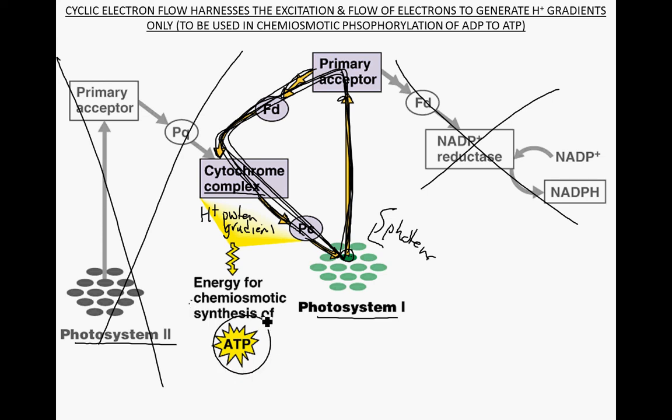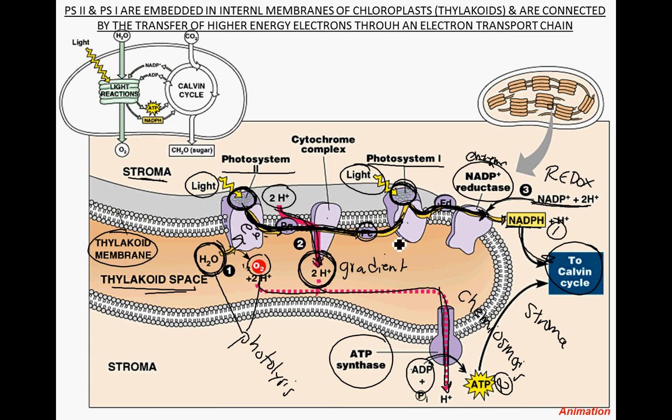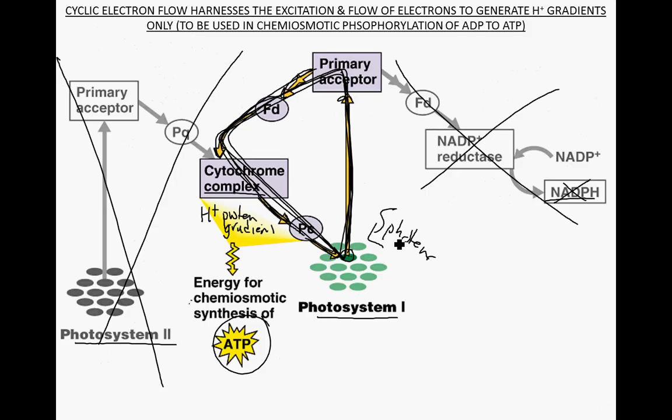It does not generate NADPH. Why? Because the Calvin cycle is an ATP hog. It uses more ATP than NADPH. Right? So we have this non-cyclic electron flow described here, and then we have the cyclic electron flow described here. Both of these are happening at different photosystems all throughout the thylakoid membranes.